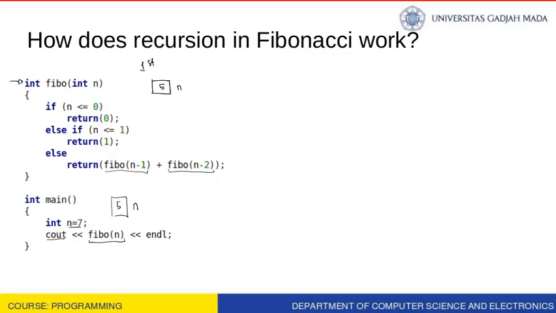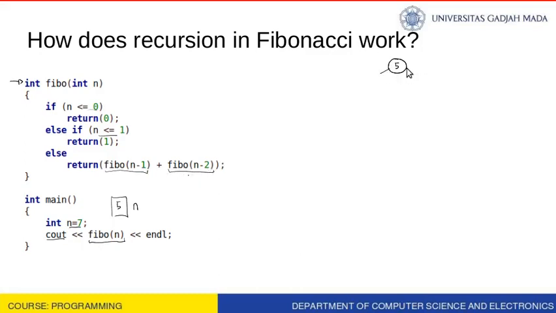So I will explain by using 3. So at first it will be Fibo 5, right? And then this is the n, this input parameter. And when I have Fibo 5, then this condition is false, this condition is also false. I will go to the else, then I will have two function calls, Fibo n minus 1 and Fibo n minus 2.